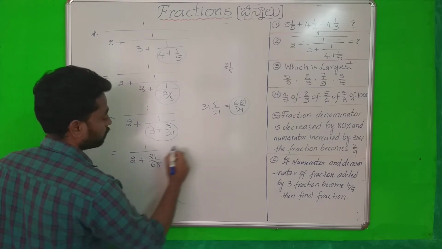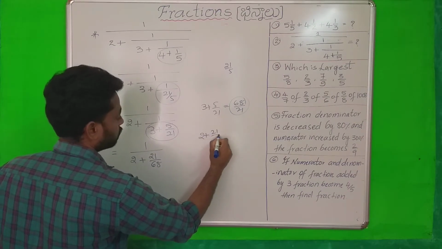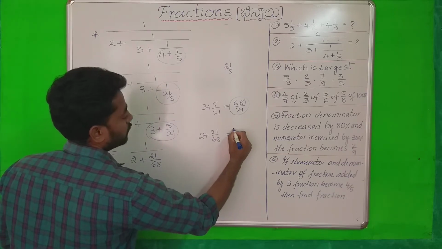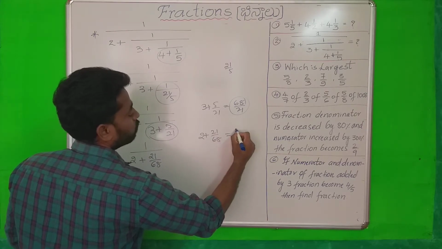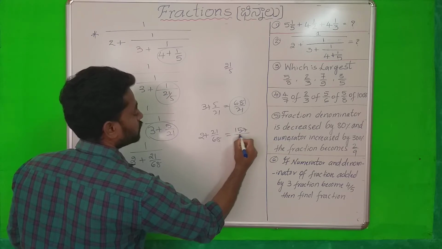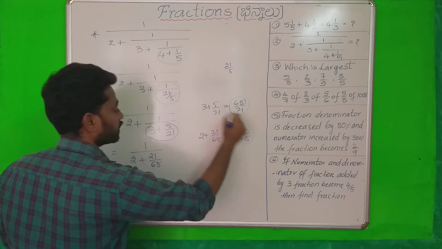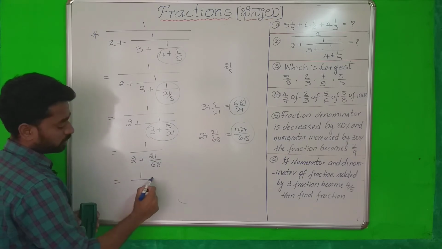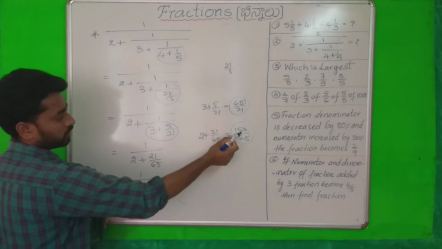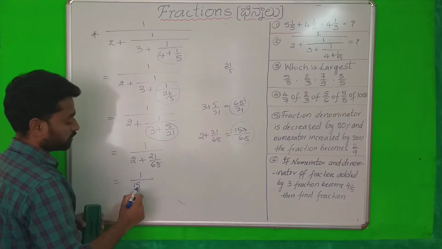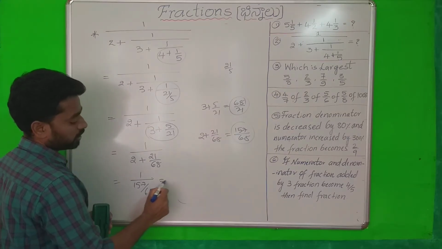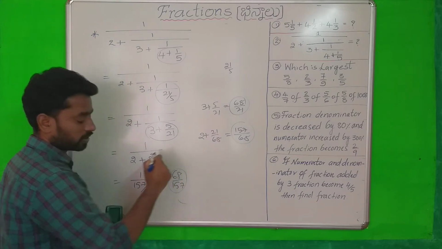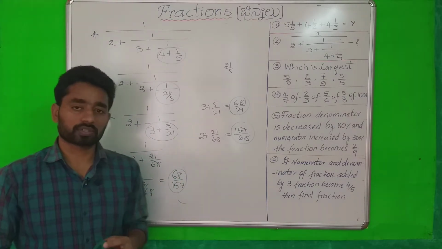Okay, now simplify this, 2 plus 21 by 68. Okay, 68 2s are 136 and 136, 157 by 68. Okay, so now this one we can write 1 by this value, we are getting 157 by 68, directly we can write 68 by 157. Okay, this is the process.